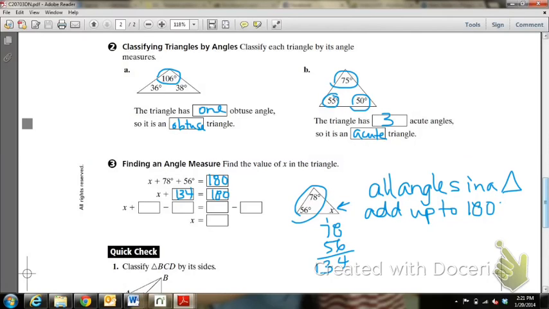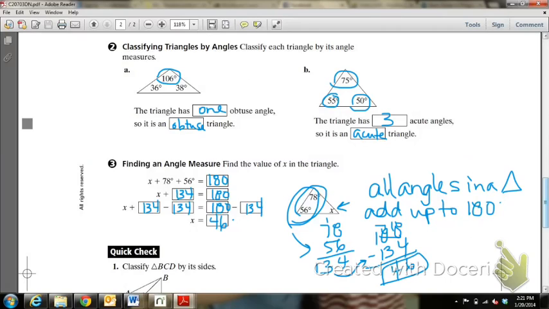And then how am I going to figure out how much more is needed to get to 180? Well, I'll just subtract that 134 from both sides. 180 minus 134 is 46. That means my missing angle must be 46 degrees. So if you're given 2 angles of a triangle, just add up the 2 that they gave you and subtract that number from 180. And that'll give you your answer.